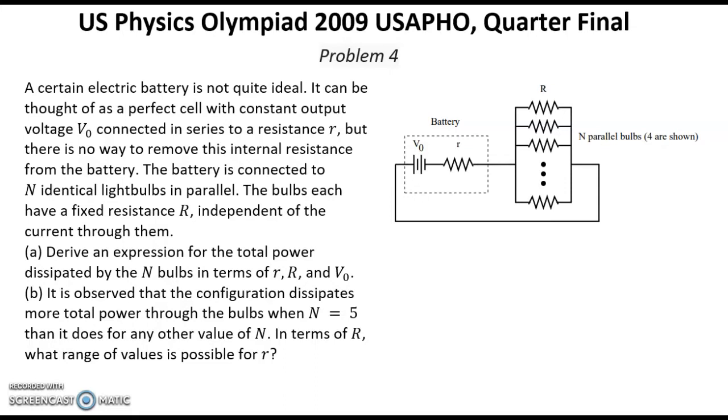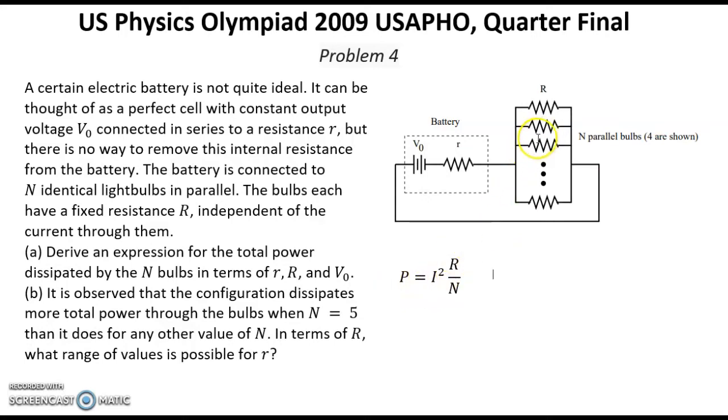Solution. For the first question, we can use the next procedure. We know that power equals current squared multiplied by resistance through which this current is going. So that will be this expression.